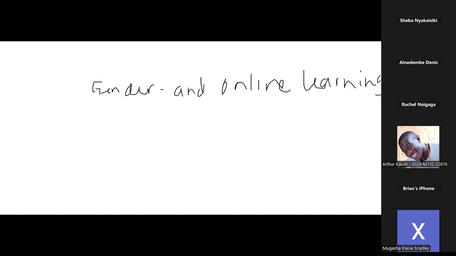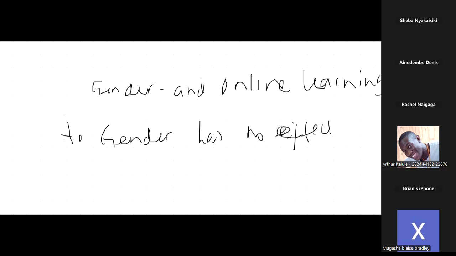So the hypothesis may state something like: gender has no effect on preference to online learning.